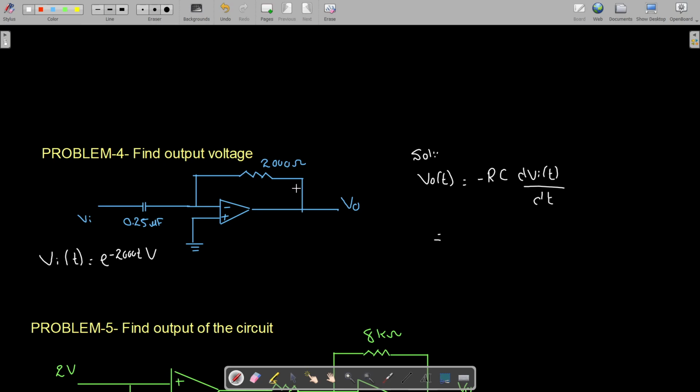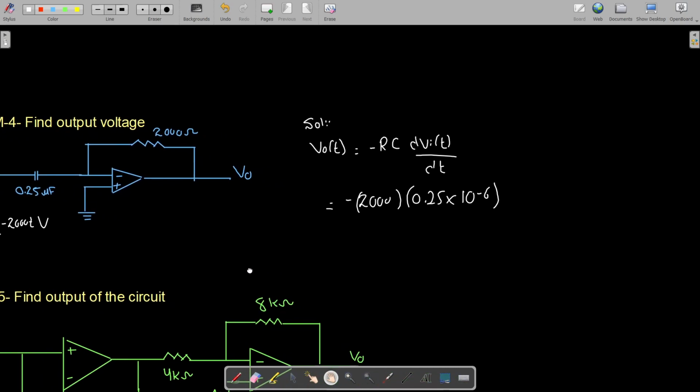So just put values. Your R is given, which is 2000, C is 0.25 microfarad, so 10 raised to power minus 6, and then we have the derivative of the input signal.